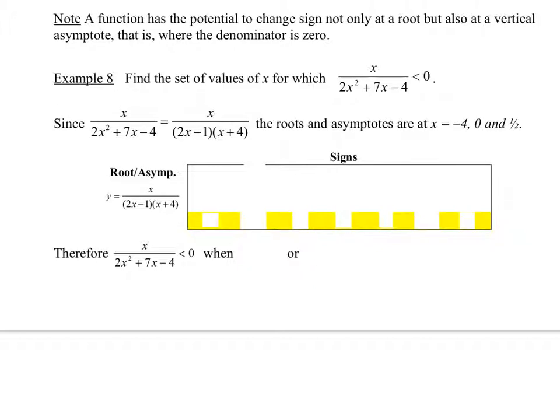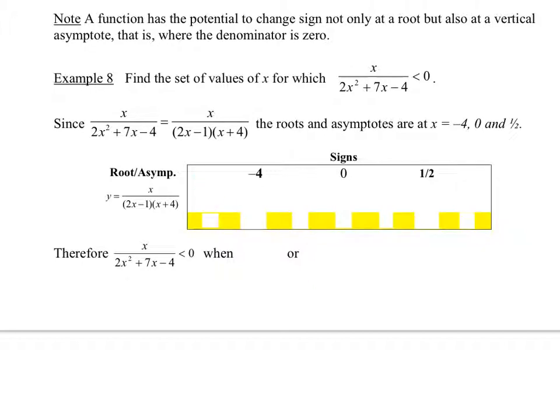Now, we put those roots and asymptotes, negative 4, 0, and 1/2, onto the sign diagram right here. If we do that, it looks like this. Then we begin to check what happens if we take a value of x that's less than negative 4, somewhere over here.